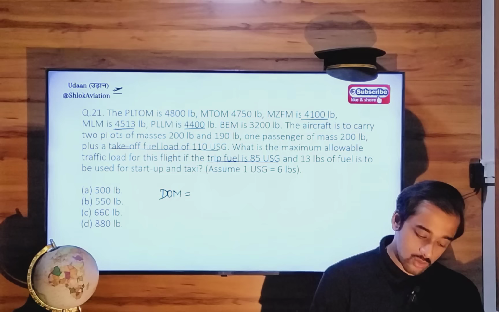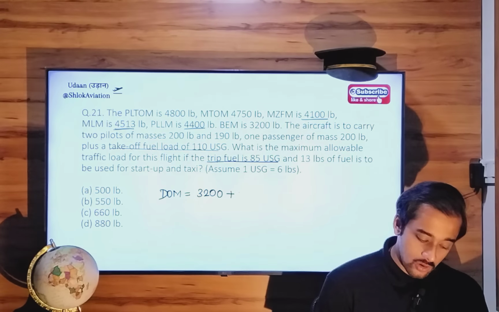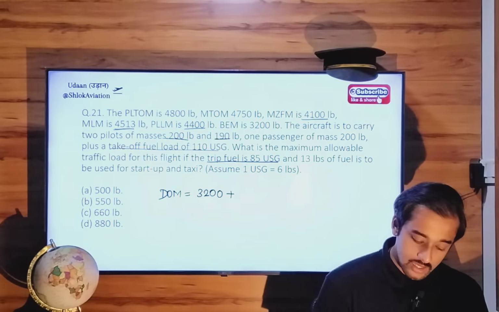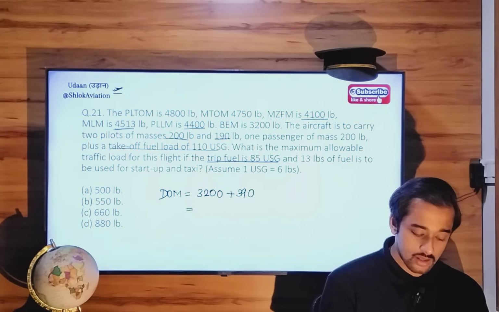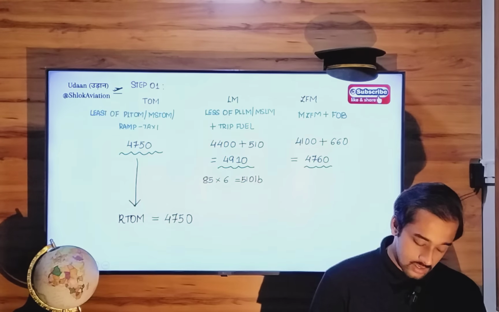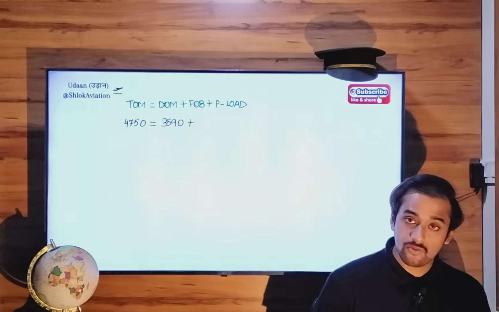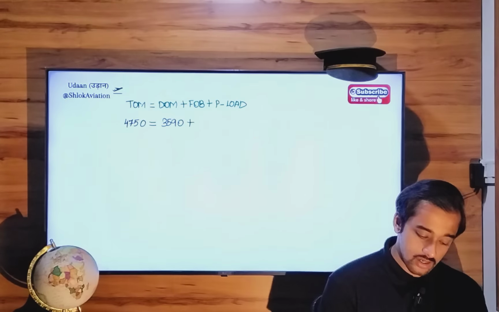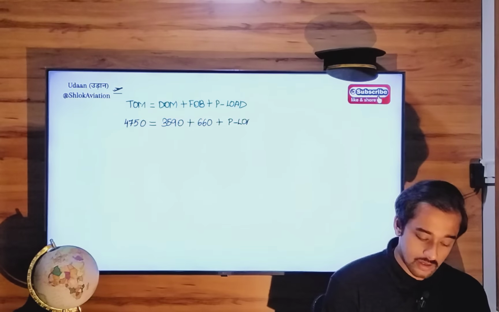basic empty mass, which is 3200, plus variable load, which is 200 plus 190, 390. So 3200 plus 390 is 3590, plus fuel on board, which is 660, plus payload.